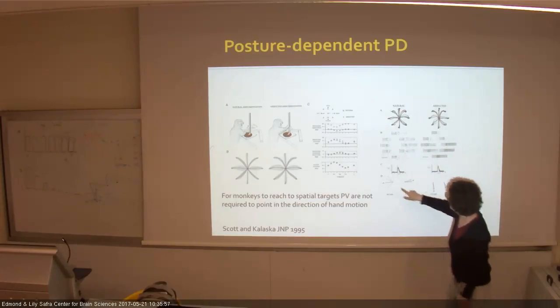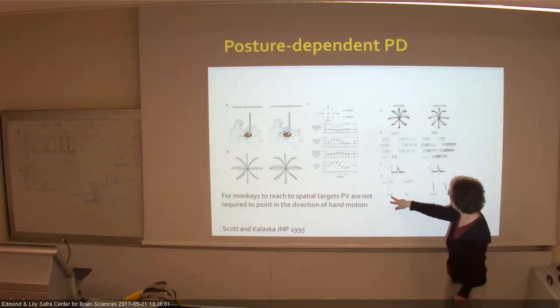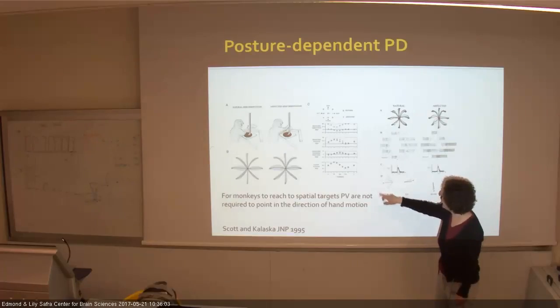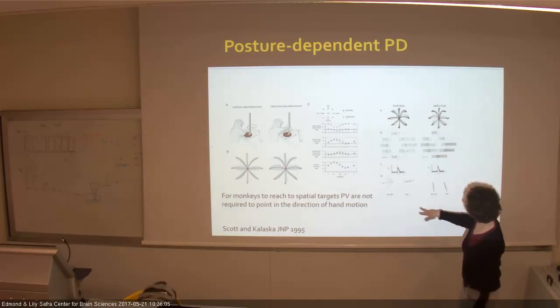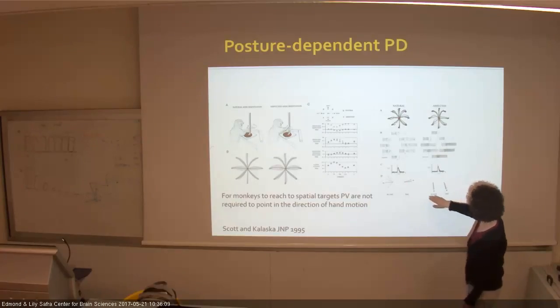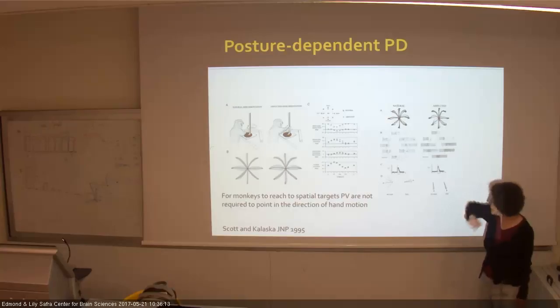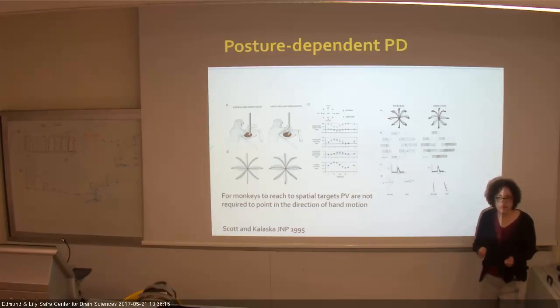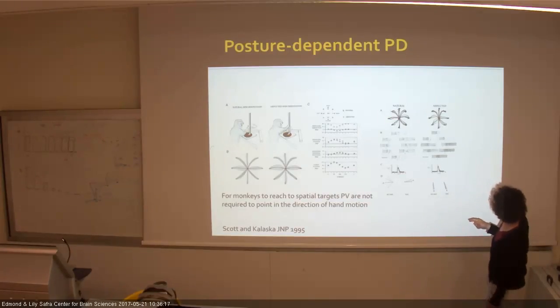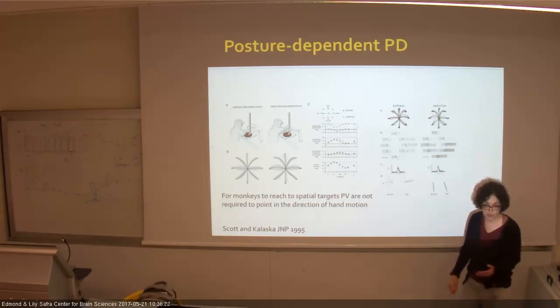And this is the activity of several cells during the reaction time, and this is the population vector, and this is during reaction and movement time, and this is the entire task period. And the same cells, now if the monkey is in an abducted position, have a very different preferred direction, and the population vector based on these cells changes as well.